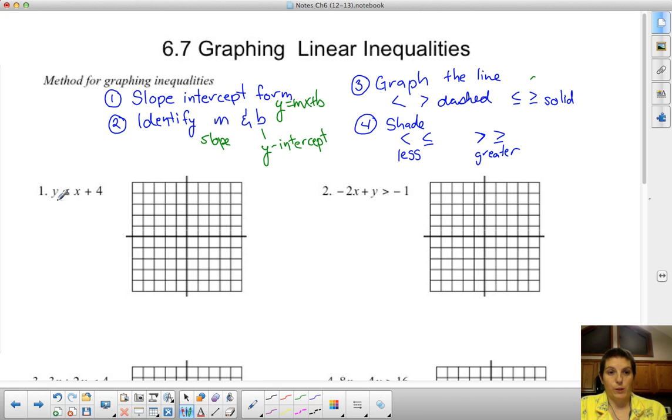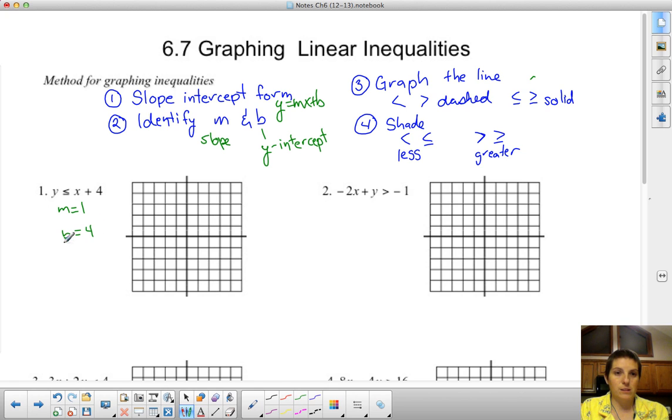When we look at this first problem, notice right away that we have y is less than or equal to mx plus b. So our slope, the number in front of x, is 1. Our b value is positive 4.